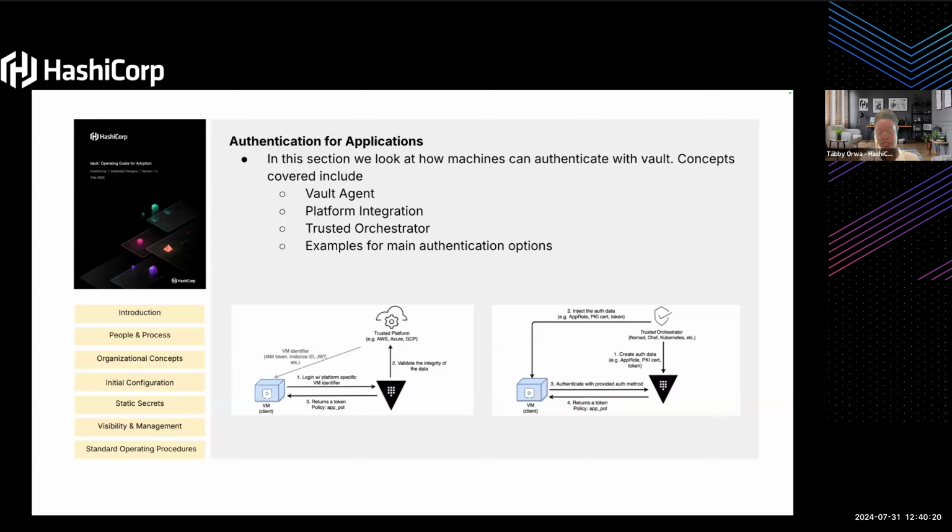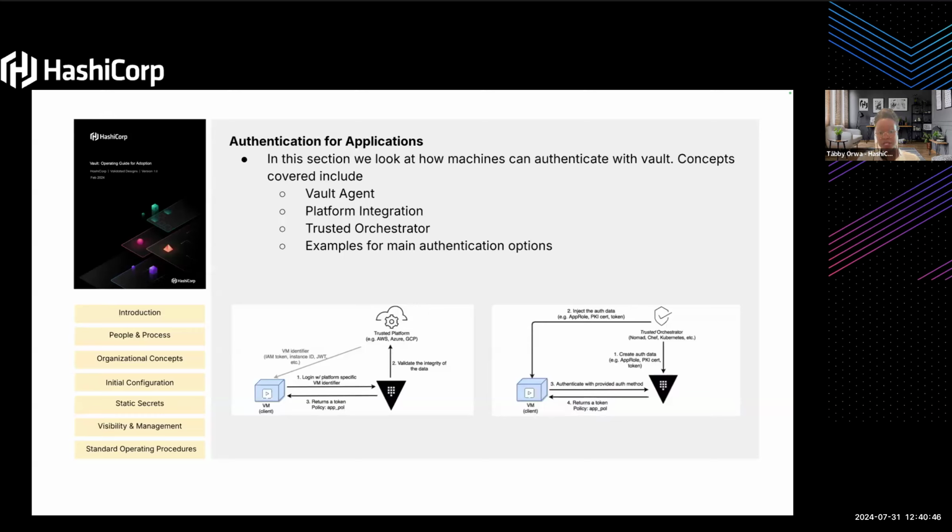So suppose you have an application running on a virtual machine, say in an AWS EC2 instance. When that instance is started, an IAM token is provided via the machine local metadata URL. That IAM token is provided to Vault as a part of the AWS authentication method, and it's used to log in and authenticate the client.